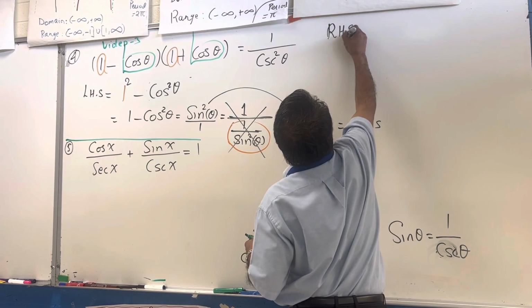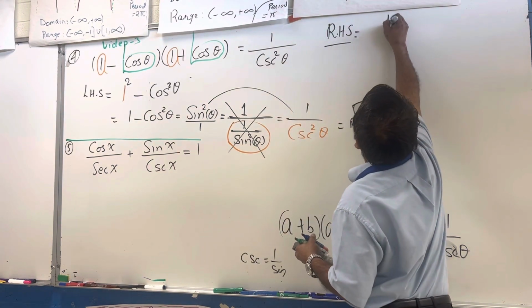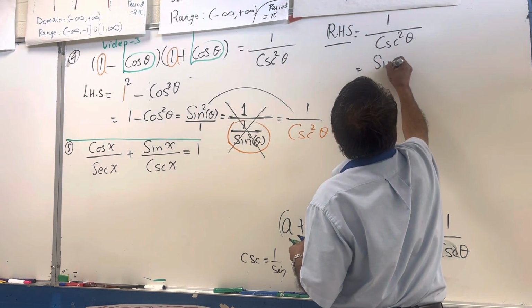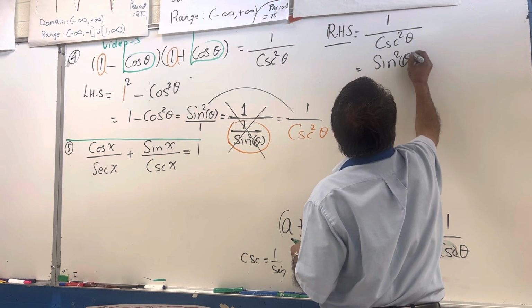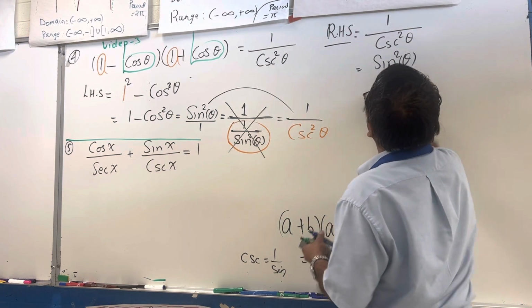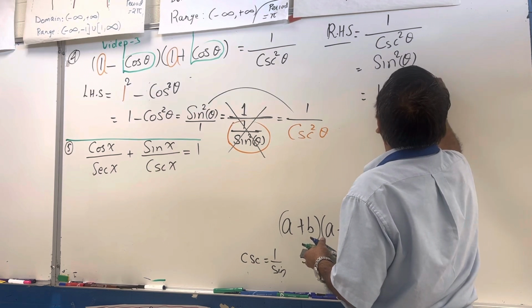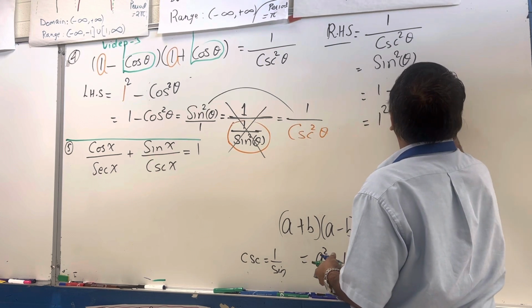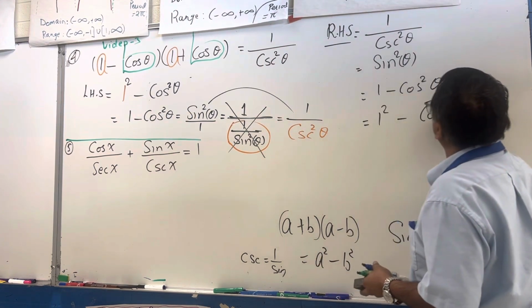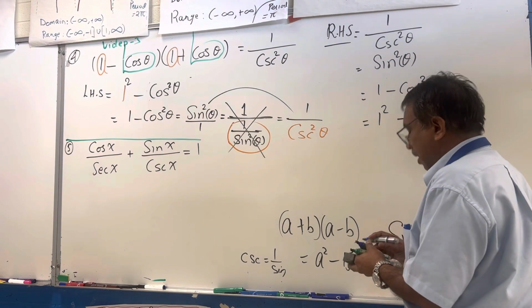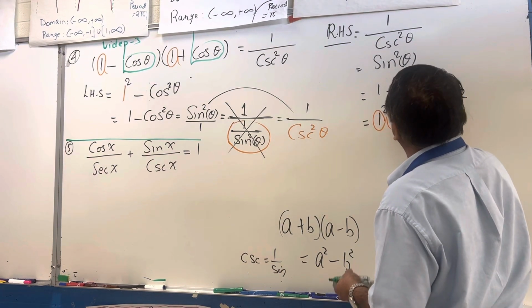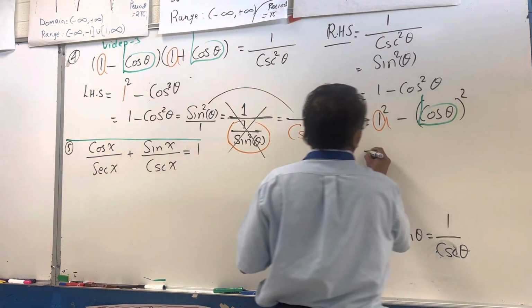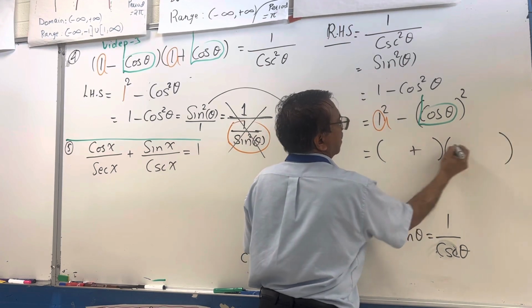If I start with the right side, it is 1 over cosecant square theta, and cosecant square theta by reciprocal identity is sine square theta, and this sine square you can change to 1 minus cosine square theta, and now I can write the difference of squares this way, where this is your a and this is the b, and then you get plus and minus.